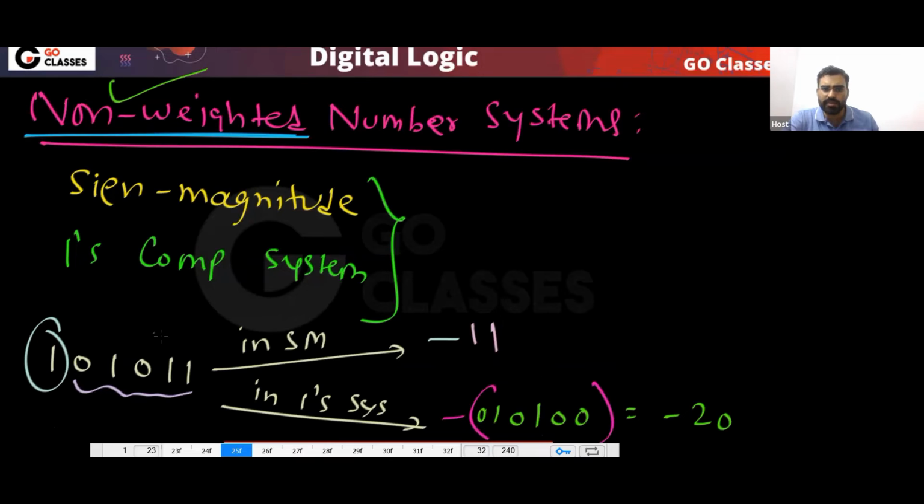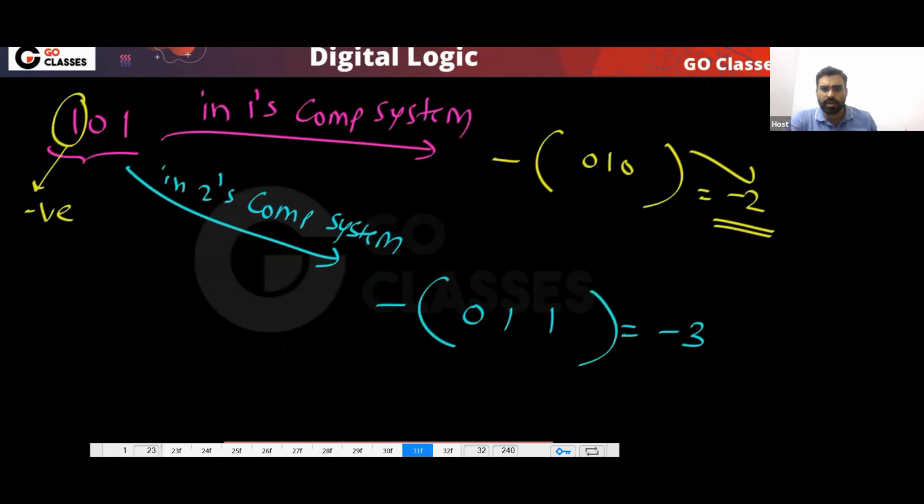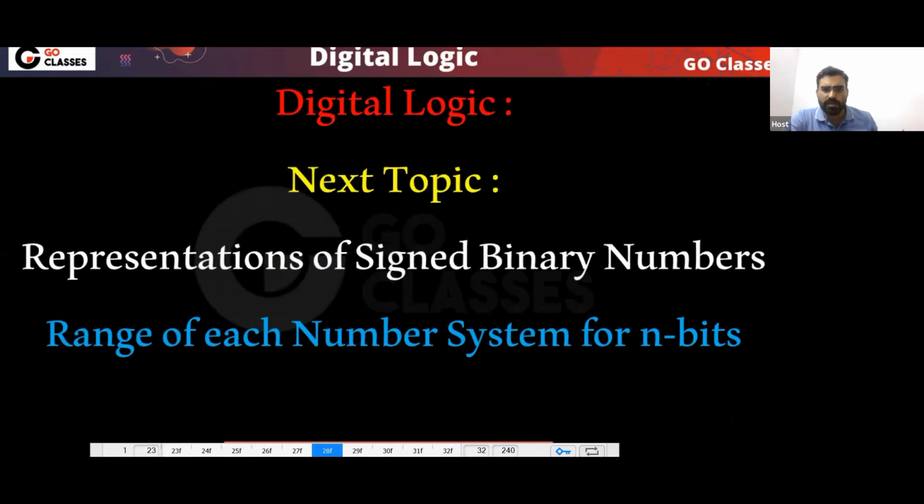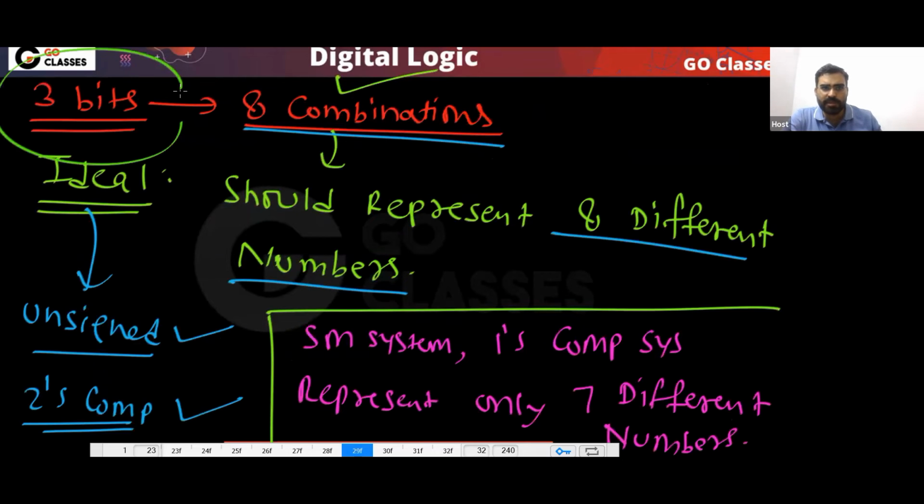Okay, now let's come back to our point. Using 3 bits, there are 8 combinations possible, and you can notice that 2's complement and unsigned represent 8 different numbers.